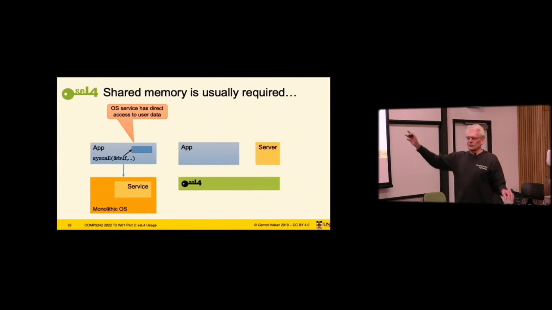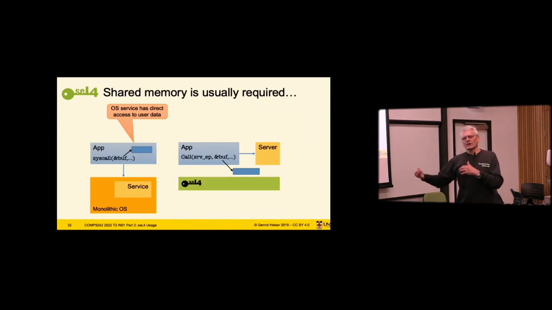Because by default, you have your server, which is the operating system, and your application, and in order to do a bulk data operation, like reading or writing from a file, the client needs to provide a buffer to the operating system to put the data in or read it out. And that in general means they need to share this memory.